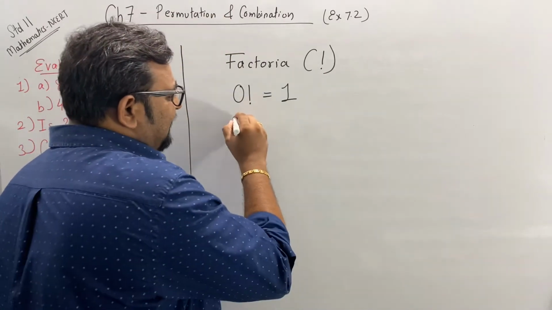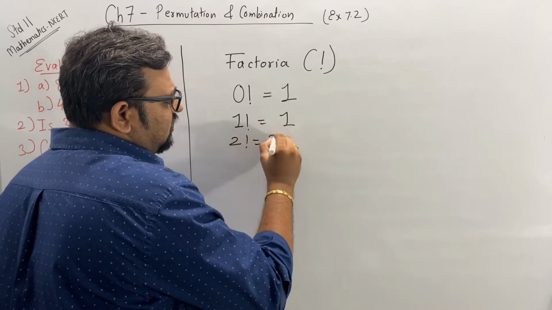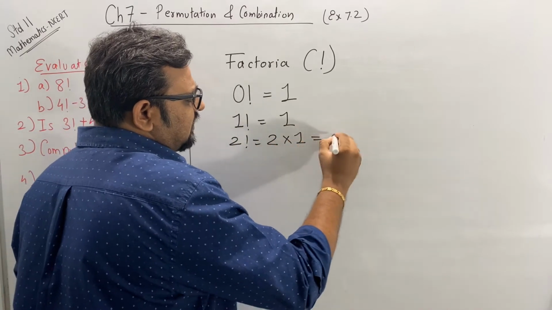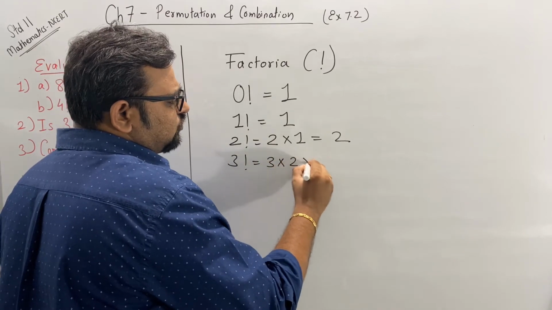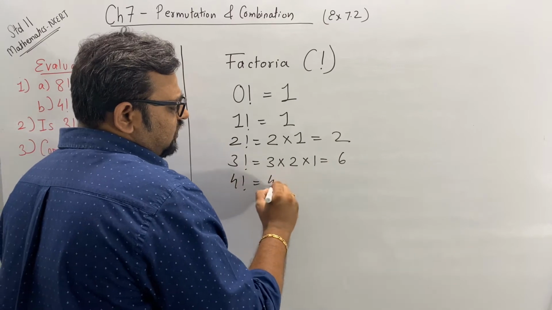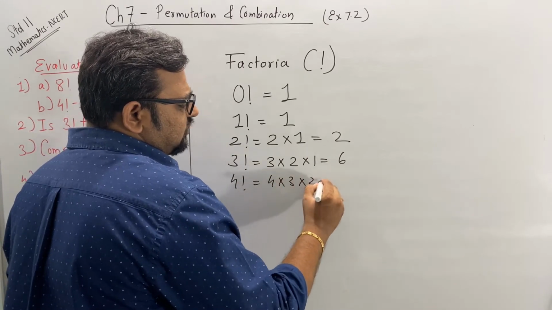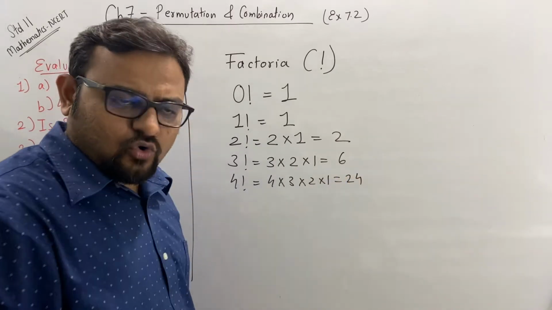Okay, 1 factorial is 1. 2 factorial is 2 into 1 equal to 2. 3 factorial is 3 into 2 into 1, 6. 4 factorial is 4 into 3 into 2 into 1, that is equal to 24.